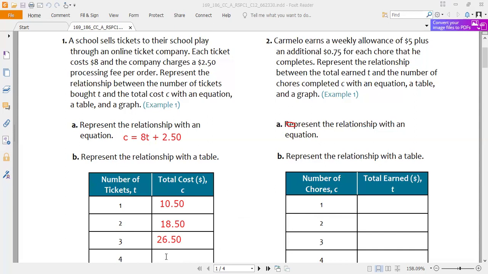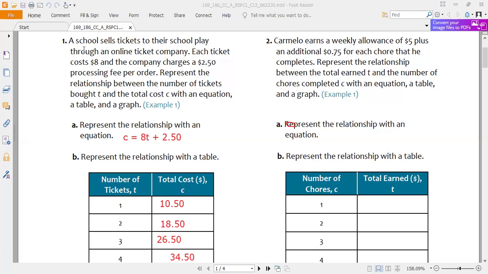And for 4 tickets, if we replace t by 4, 8 times 4 will be 32, 32 plus 2.50 will be 34.50. Now these are the values: 10.50, 18.50, 26.50 and 34.50.